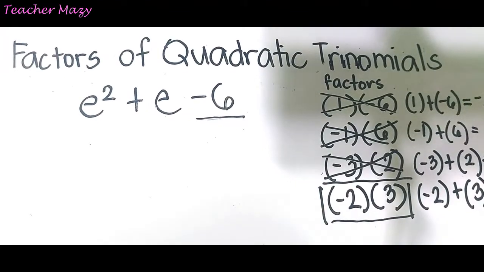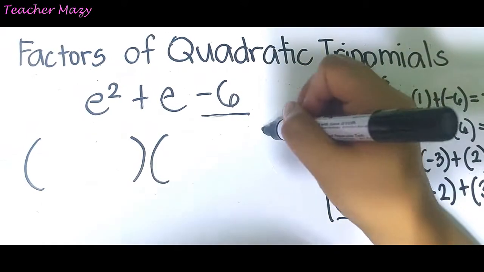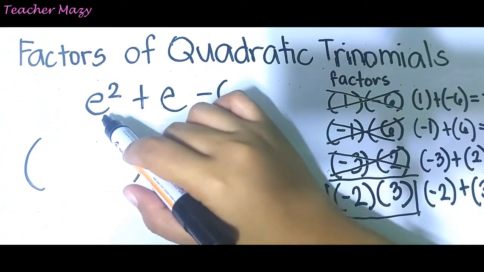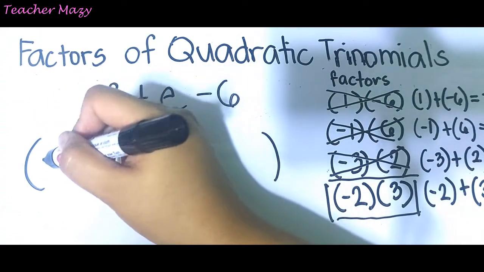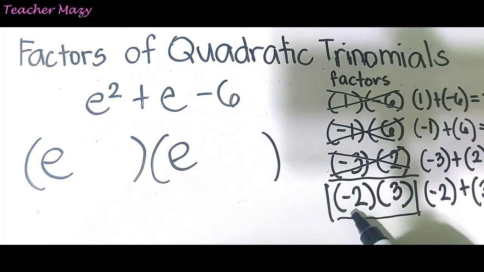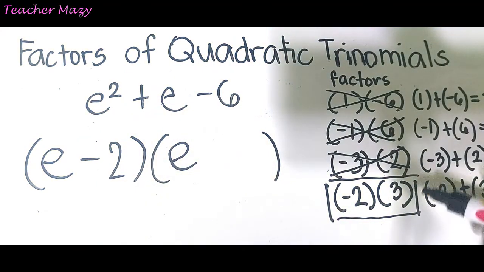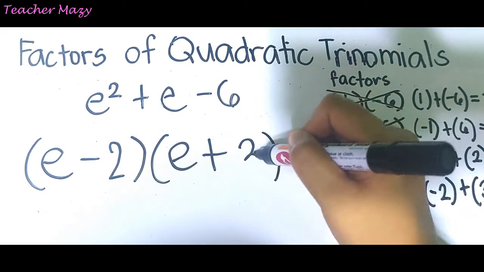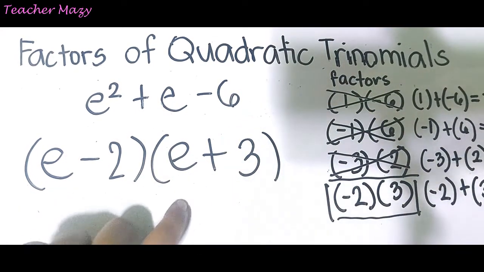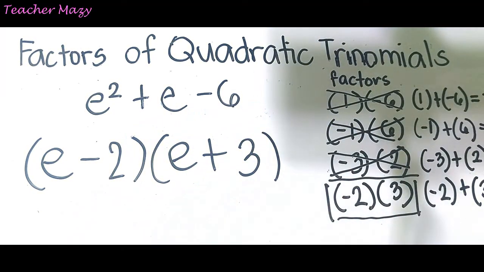First, write two quantities for the factors, and then distribute the factors of our first term, which is e. Then this is negative 2, and then positive 3. And this is the answer. We have e minus 2 times e plus 3, and these are the factors of the given quadratic trinomial.